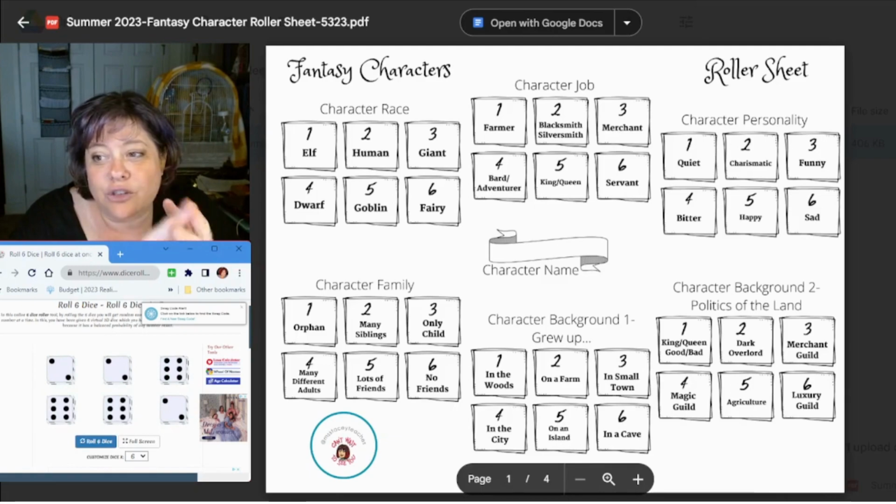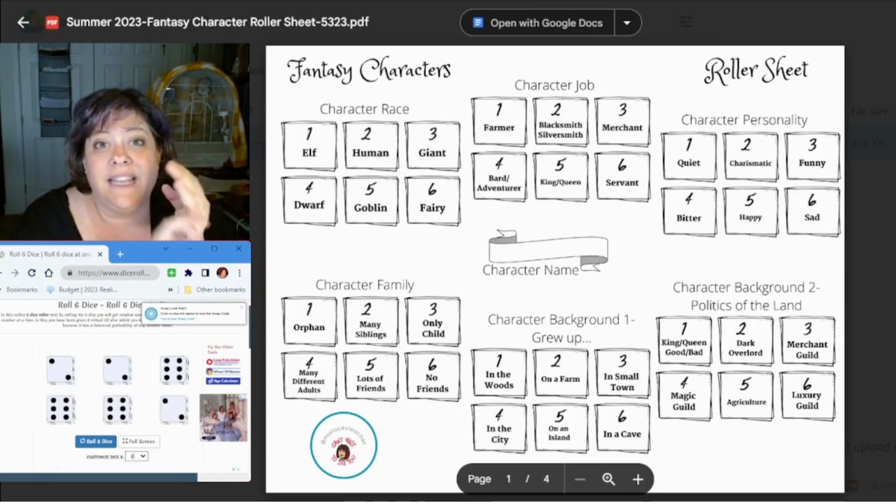Okay, this one is 2, 2, 6, 6, 6, 2. So this character is human. They are a blacksmith or a silversmith. They are a sad person. You have to decide why they're sad. They have no friends.